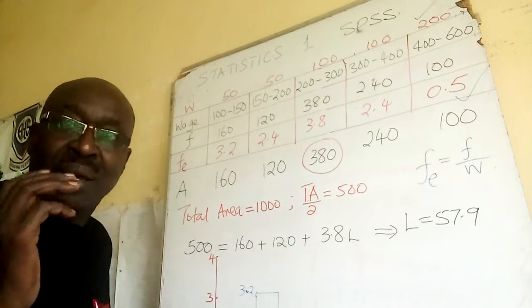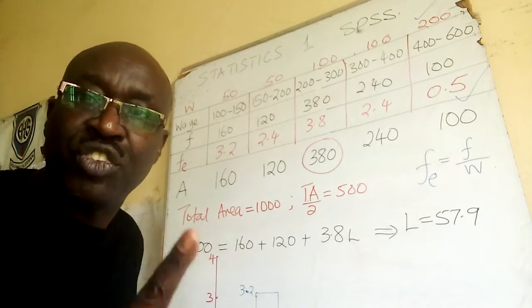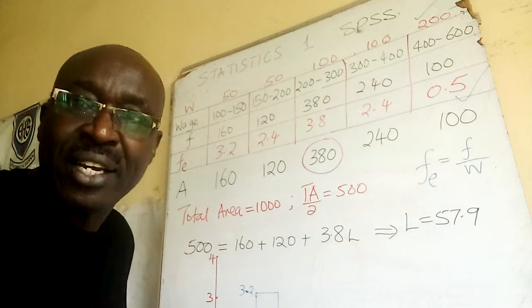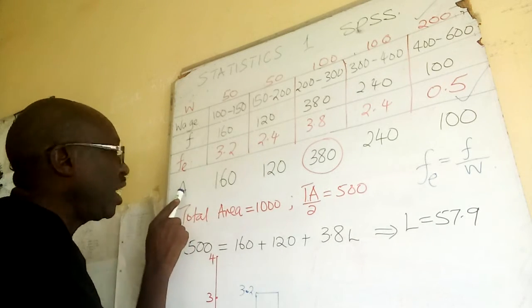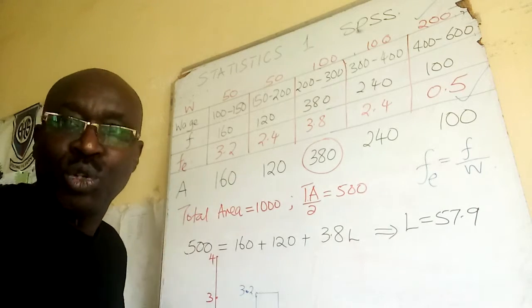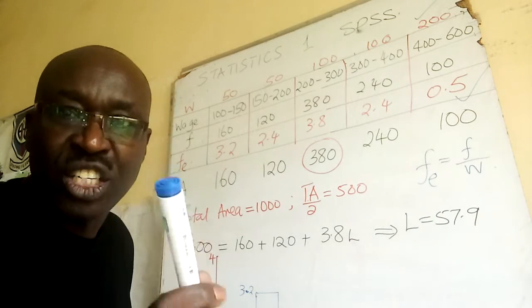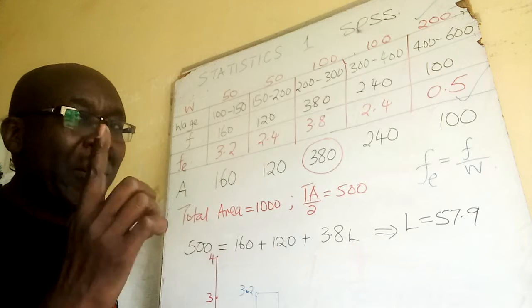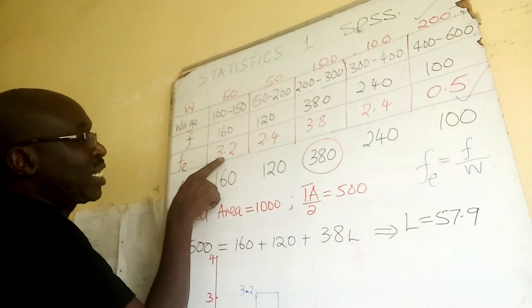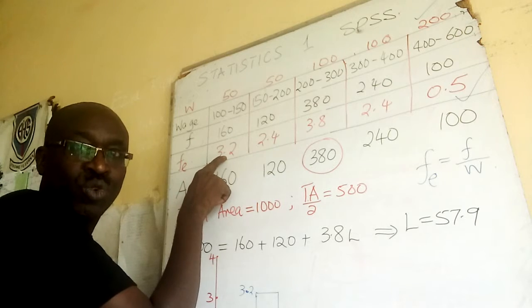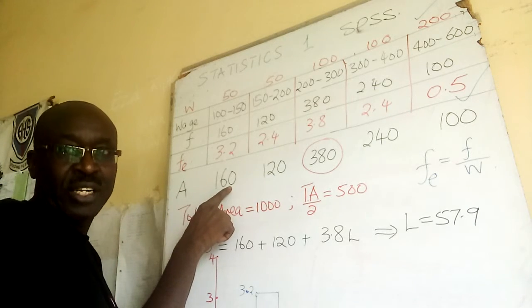Because I am concentrating on how to draw the line, you will come to area. You will write the area of those bars which are required in the histogram. The first bar has a width of 50 and a height of 3.2, giving an area of 160.